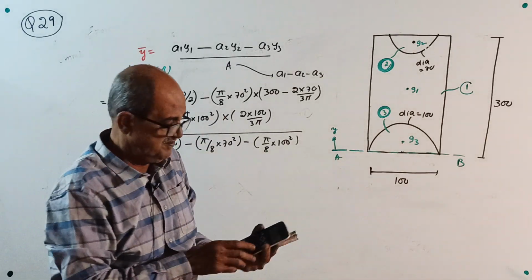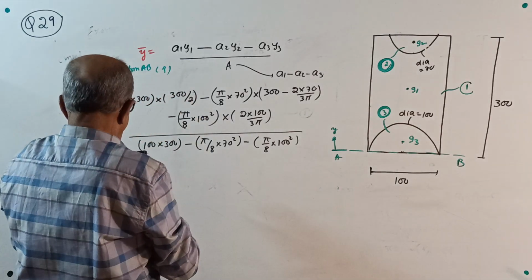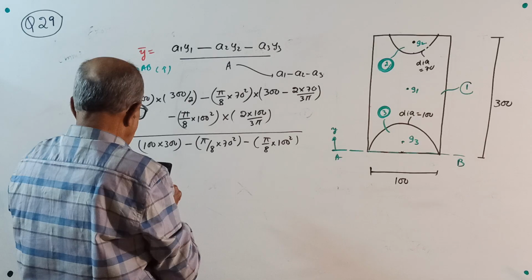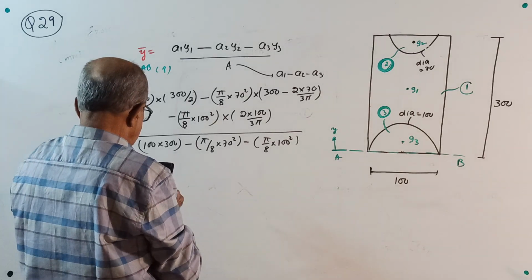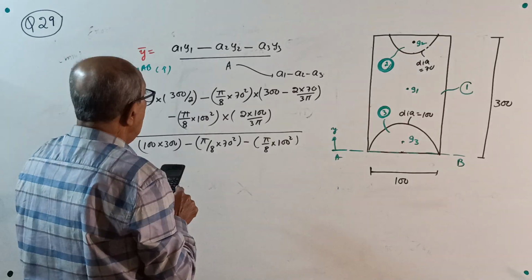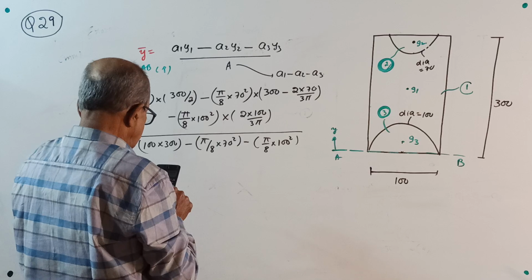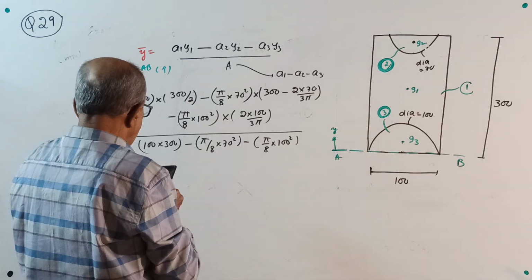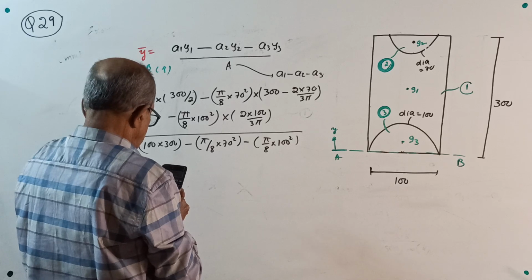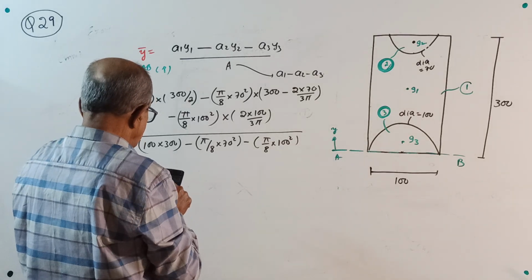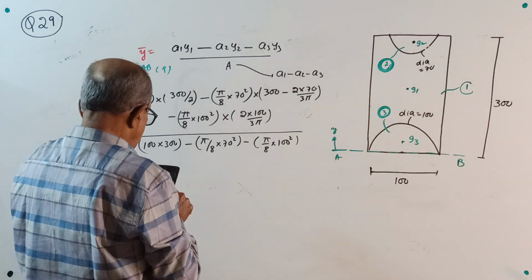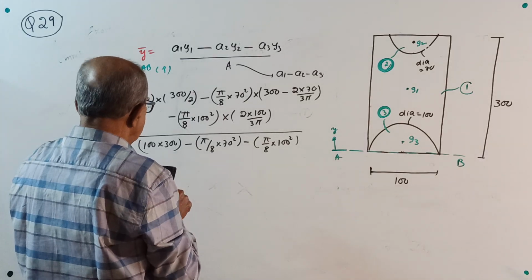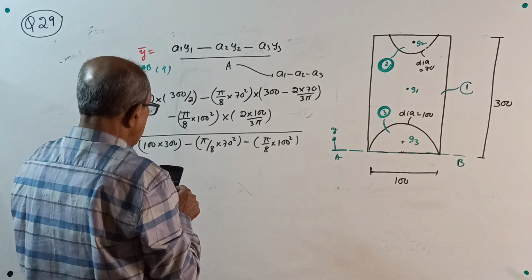Now I have to calculate it: 100 into 300 into 150 minus pi by 8 of 70 square into (300 minus 2 into 70 divided by 3 pi), minus pi by 8 of 100 square into (2 into 100 divided by 3 pi), divided by 100 into 300 minus pi by 8 of 70 square, again minus pi by 8 of 100 square.